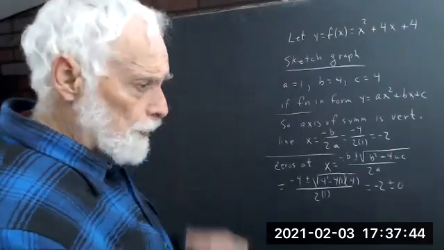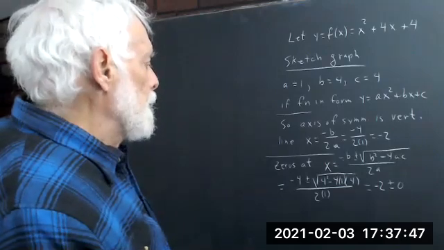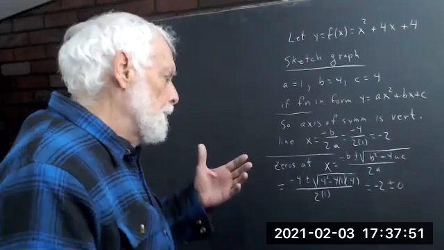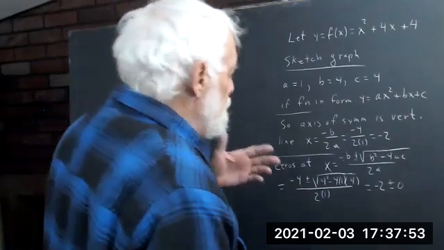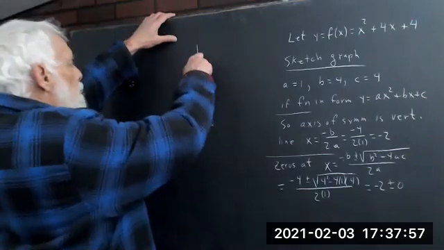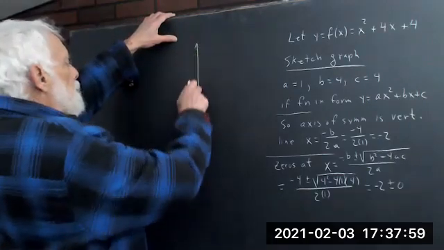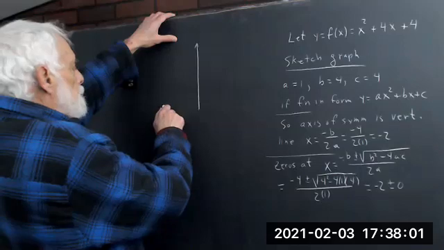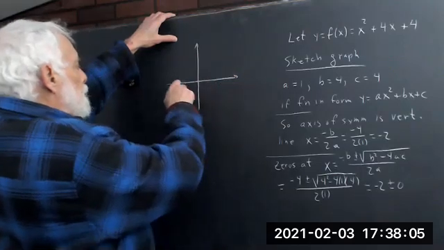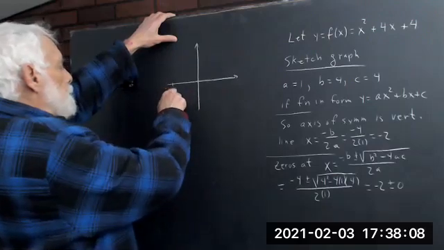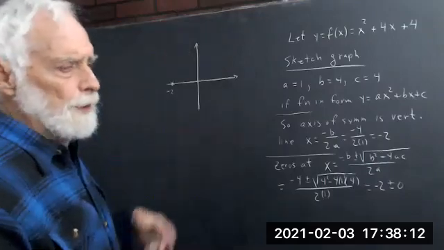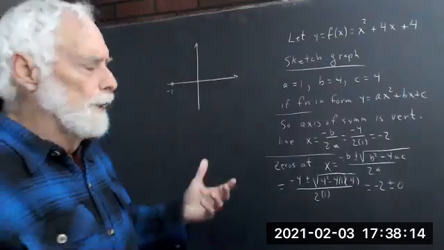Okay, so what are we going to do about that? Well, we know then that the graph is going to have a zero at x equals negative 2. We also know it's not going to go through the x-axis at any other point.